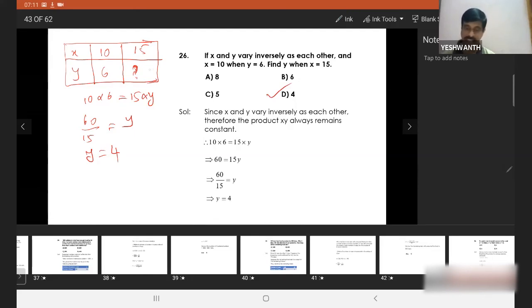See, writing this in the tabular form will help you a lot. Okay, let us go to the next question.